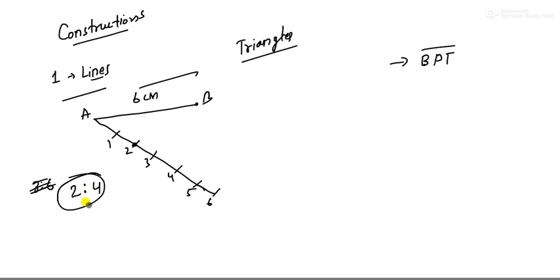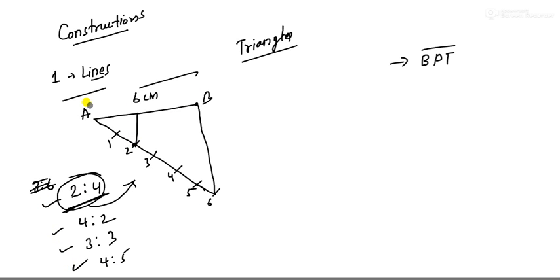They may give options like this and ask which ratio is correct: 2 is to 4, 4 is to 2, 3 is to 3, or 4 is to 5, and they will join like this. This will be the question, these will be the options.